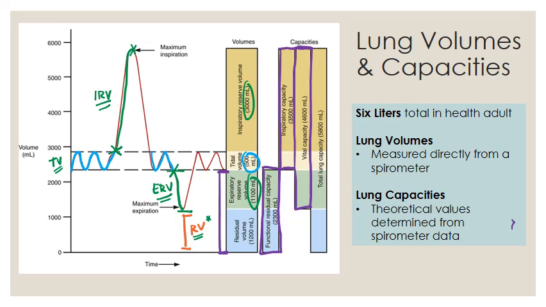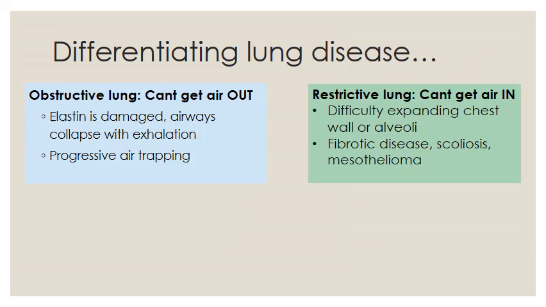And the last capacity to know, the easiest to remember, is the total lung capacity, which is everything including the residual volume, totaling about 5.8 liters. Please memorize all of the volumes and capacities for testing.